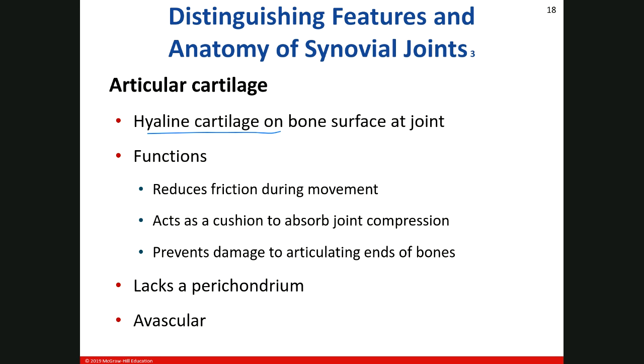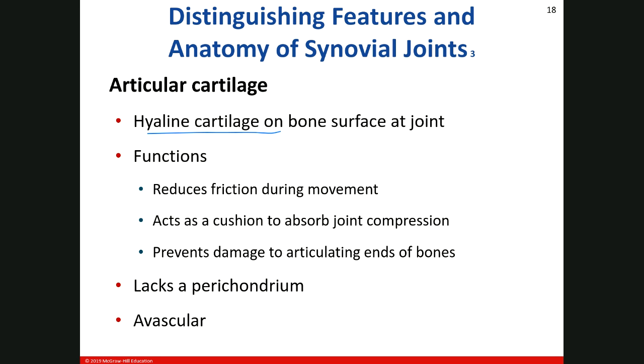Now, when we were learning tissues, and a lot of other things, I always said that there's an exception to some of the rules. When we were learning about cartilage, there are three types: hyaline cartilage, fibrocartilage, and elastic cartilage. Fibrocartilage is the only cartilage we had learned up until that point that didn't have a perichondrium. Well, guess what? Articular cartilage does not have perichondrium either.